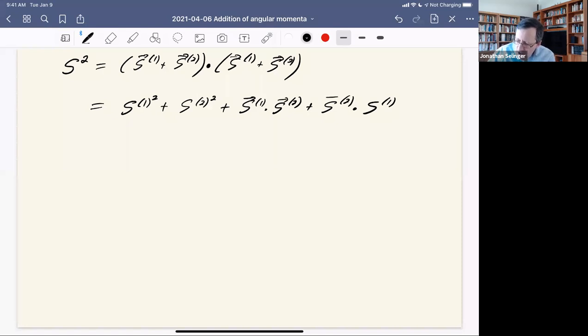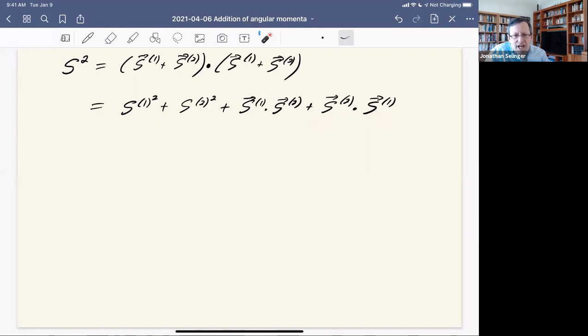Now if we look at the last two pieces, these are the operators written in different orders. So let's think for a minute, do they commute? The answer is yes, they do commute. It doesn't matter what order they're in because they act on different spins.